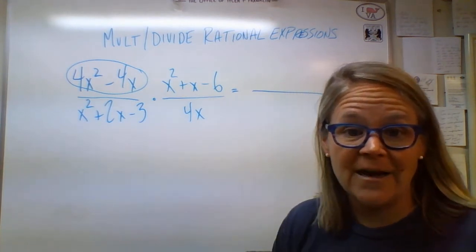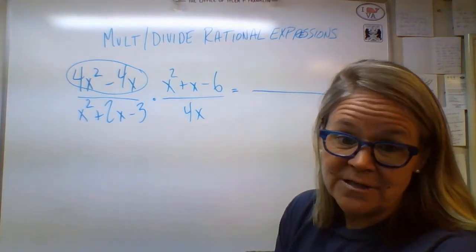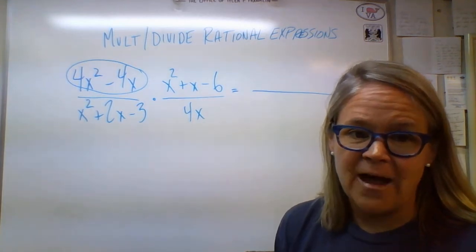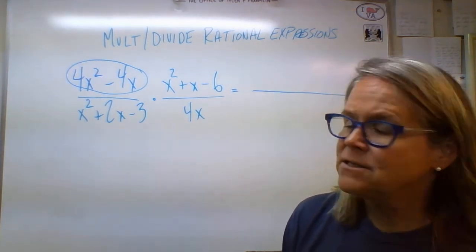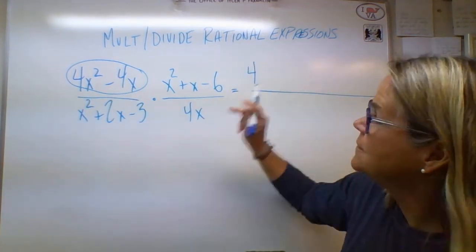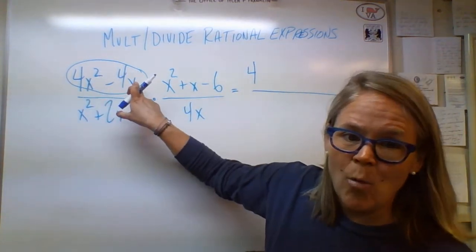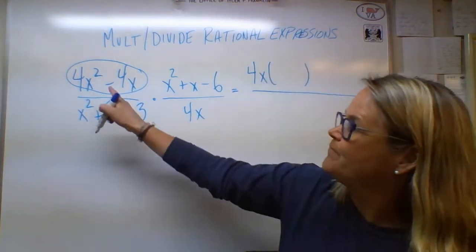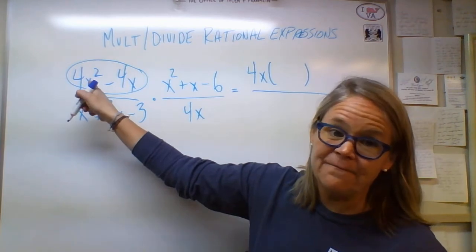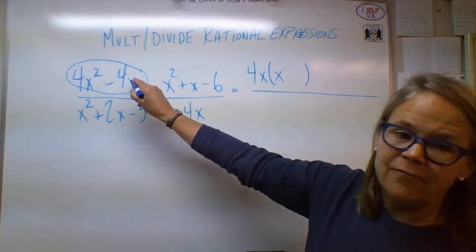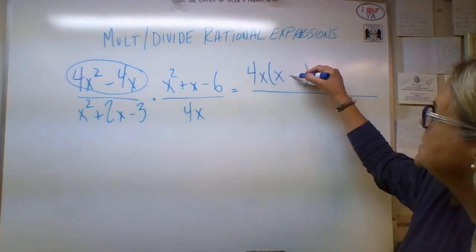Now, the factoring came up a lot with the first assignment. You have to remember greatest common factor. What's the biggest number that goes into 4 and 4? 4. You have 2x and 1x. You can take 1 out. If you take 4x out of 4x squared, you're left with 1x. 4x divided by 4x is 1.